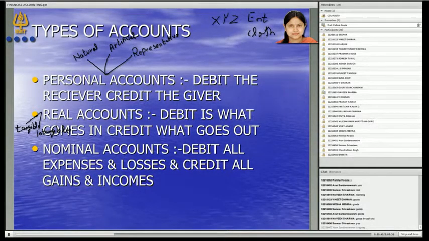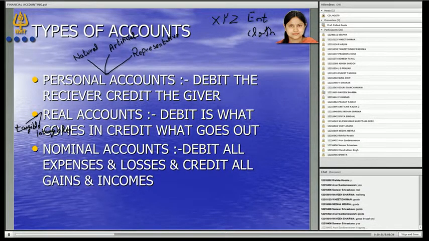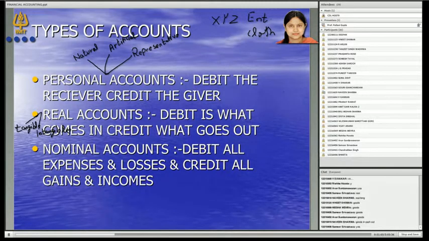Let's come to the next entry. Sold goods for cash rupees 6,000. Goods are being sold for 6,000, which means again the goods account is involved and the cash account is involved.